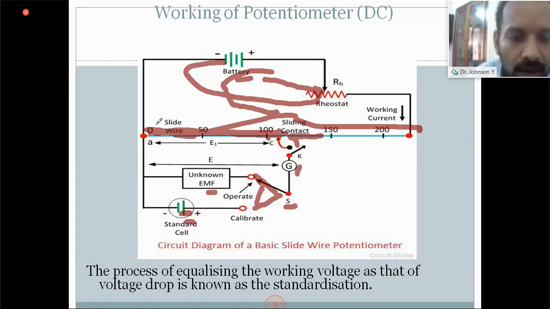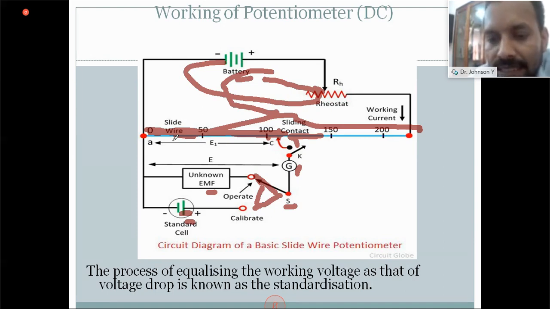And another important thing is that suppose the slide wire has a length of 200 centimeters, and the resistance of this slide wire is 200 ohms. That means 1 ohm per centimeter.